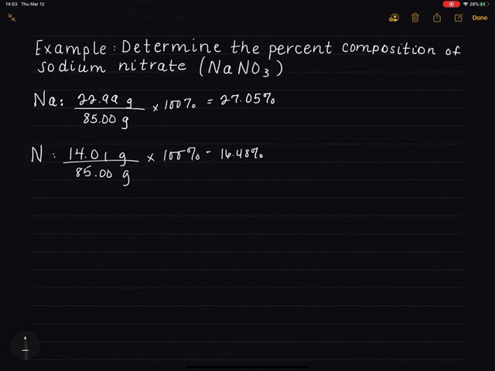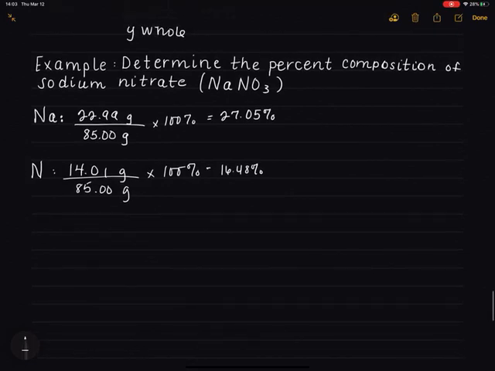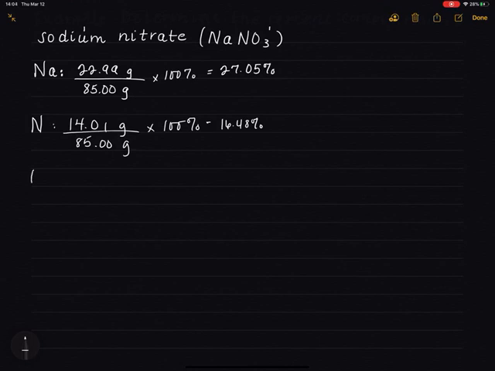Oxygen. Periodic table says oxygen is 16 grams. What else do I have to pay attention to here, though? The 3.